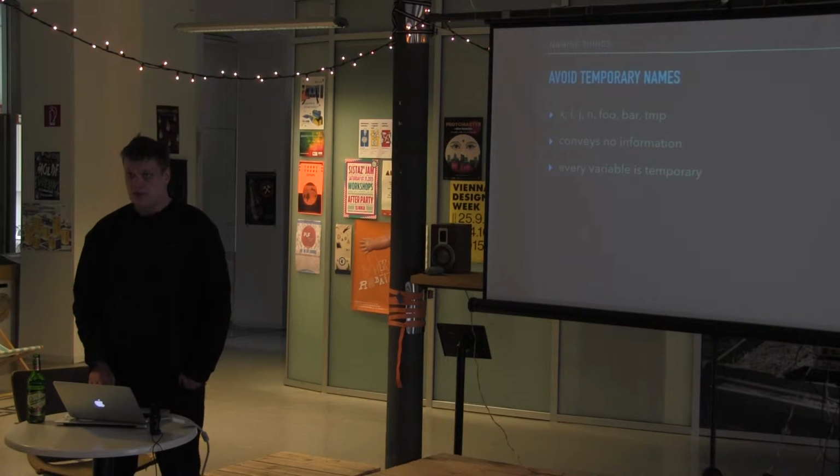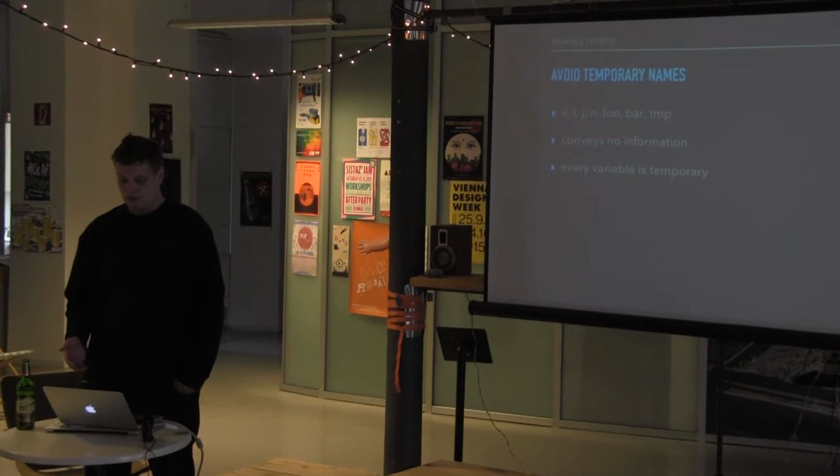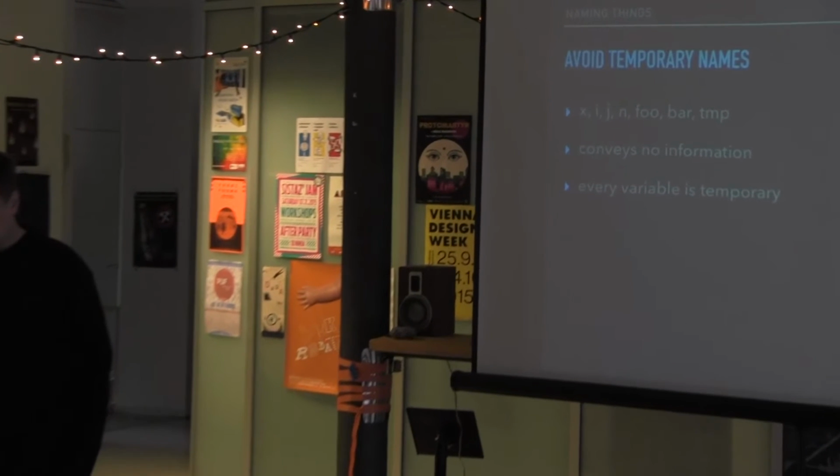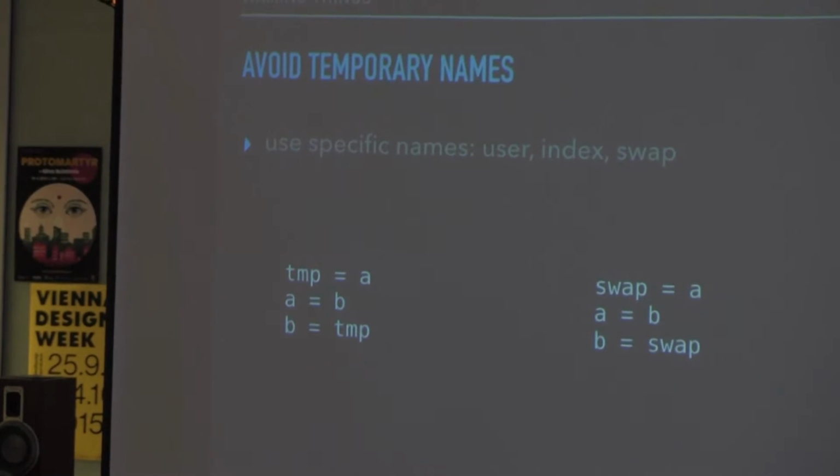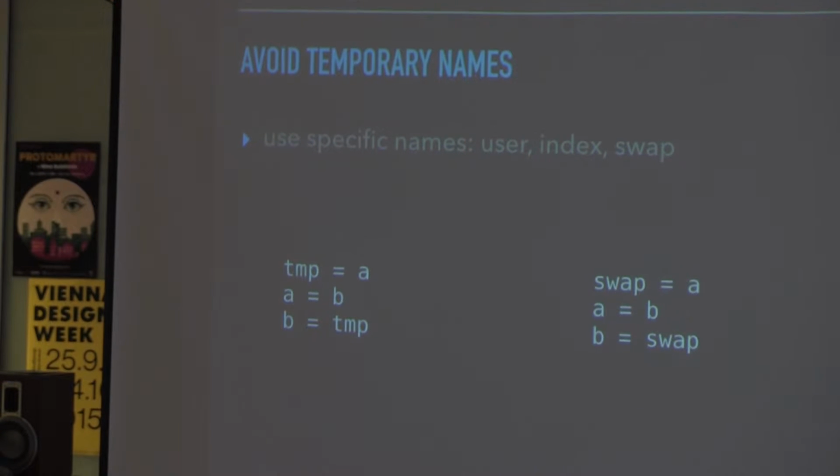You should always avoid temporary names like x, foo, temp, because they convey no information and they give no clear indication in the code what the variable is for. Because every variable is basically temporary, so it doesn't make sense to give them temporary names. So a typical example is if you want to swap the values of two variables, you usually use something like temp.